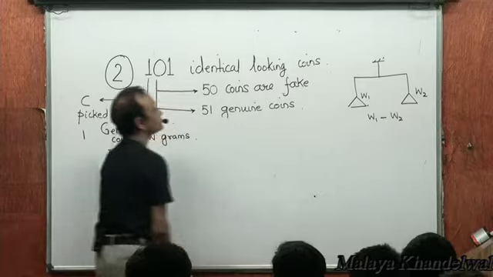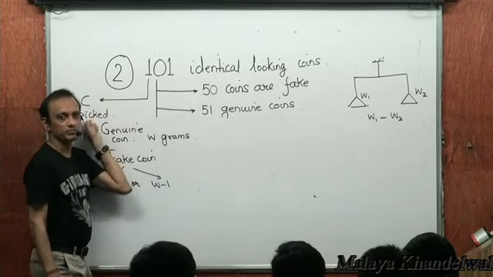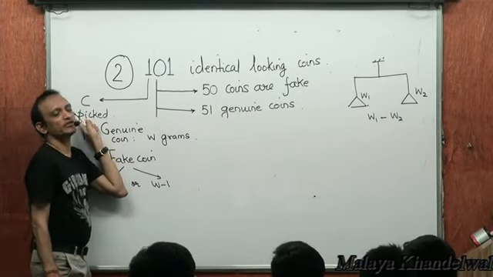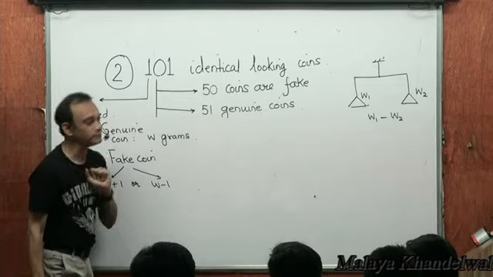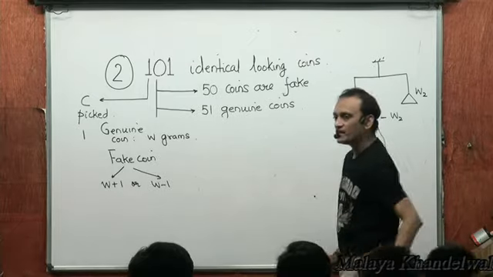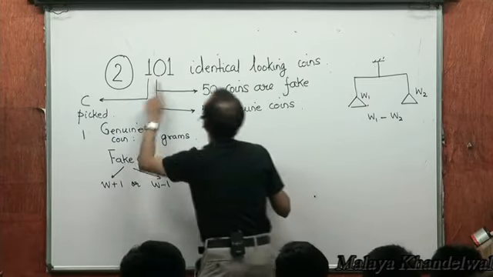Now, I have picked a coin randomly from this. A coin C. I want to determine whether it is fake or genuine. If I picked a coin C, then there are 100 coins left out of 101.